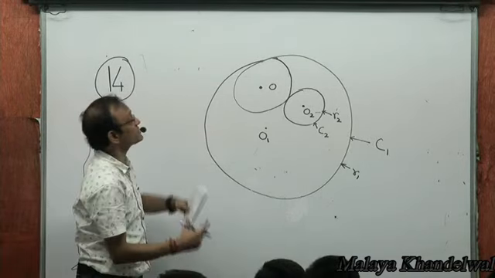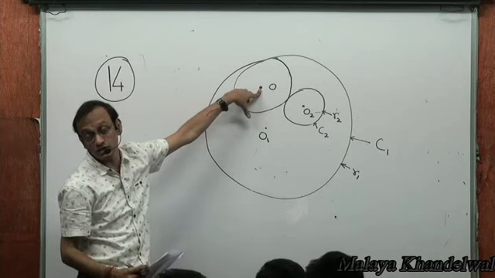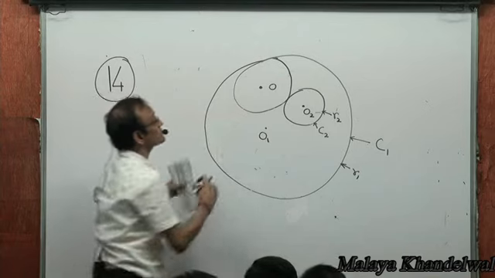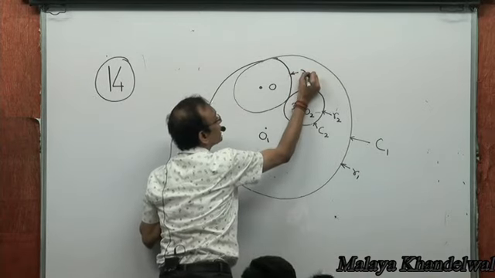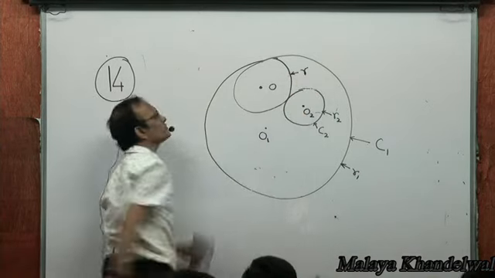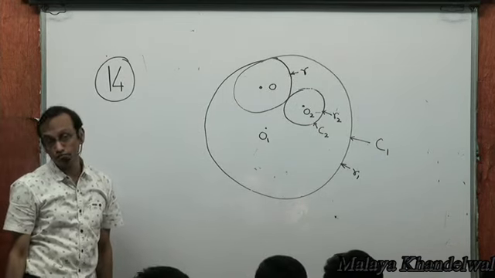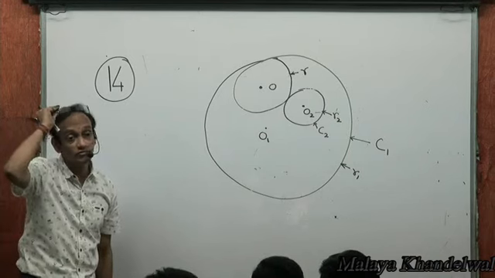Every time you draw one such circle, the point O, the center of the circle, will move. O is a moving point, the center of this variable circle C. Let's say the radius of this variable circle is R. We want to find the locus of O.